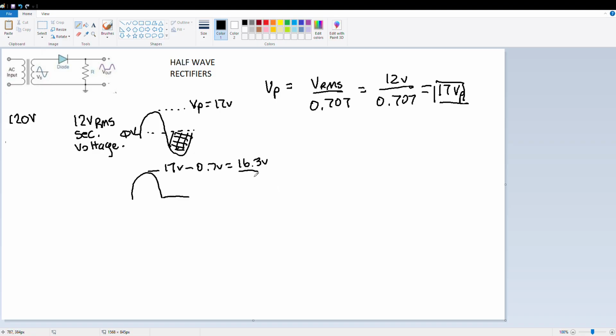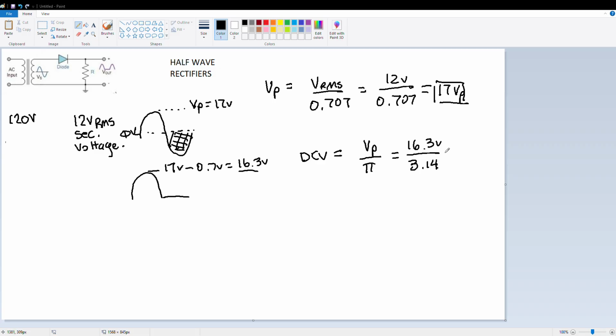Now that we know the peak voltage to our load resistor R, we can calculate the DC voltage. DC voltage is going to require a new calculation, V DC. That equation is going to be very simply this. It's going to take the peak voltage to the load, V peak, divided by pi. In this case, 16.3 volts divided by 3.14.